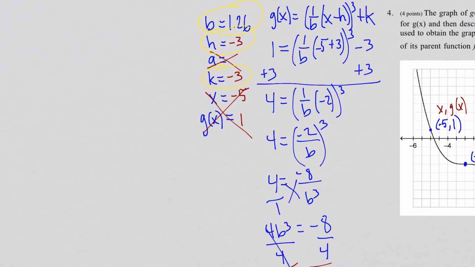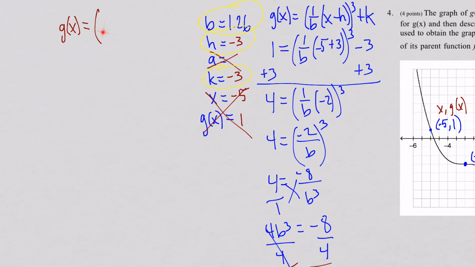Watch. G of X equals, parentheses, 1 over B. So 1 over 1.26. Since this is a decimal here, and we chose to leave it as a decimal, the best thing you can do is actually divide 1 divided by 1.26 to see what your calculator says. Punch it into your calculator.